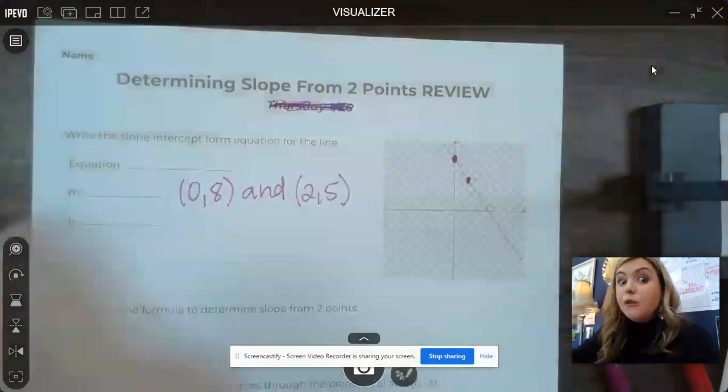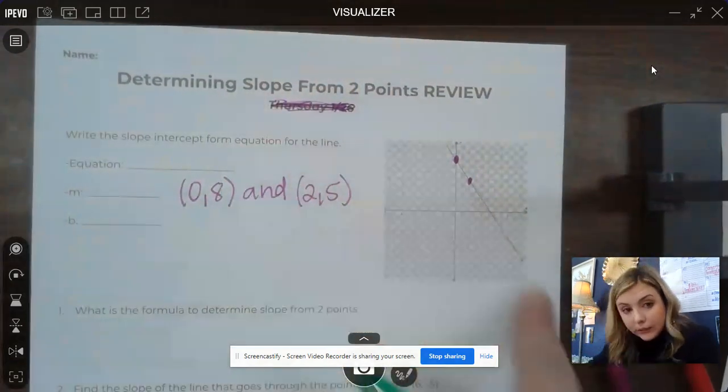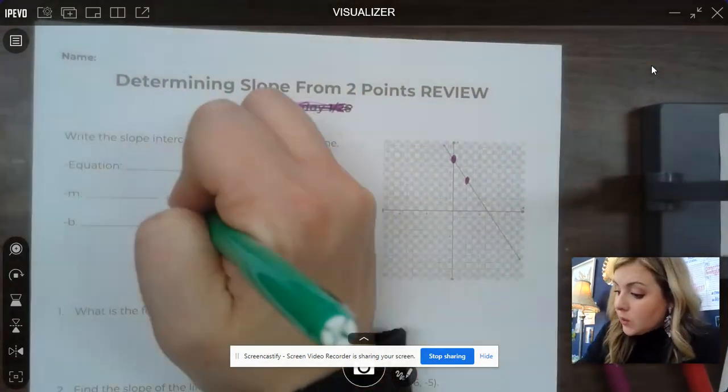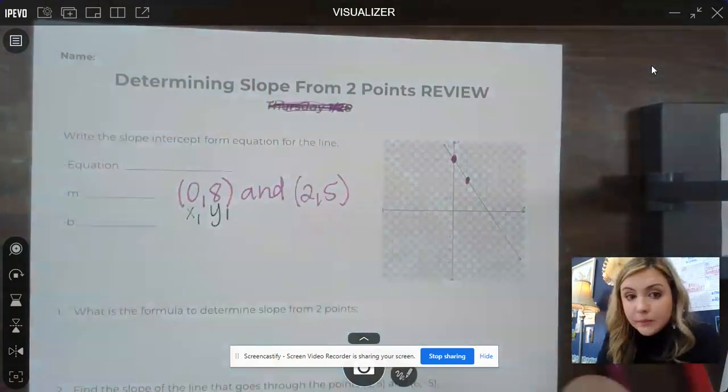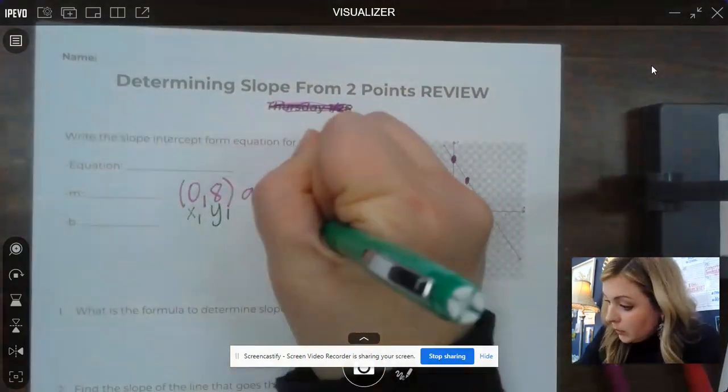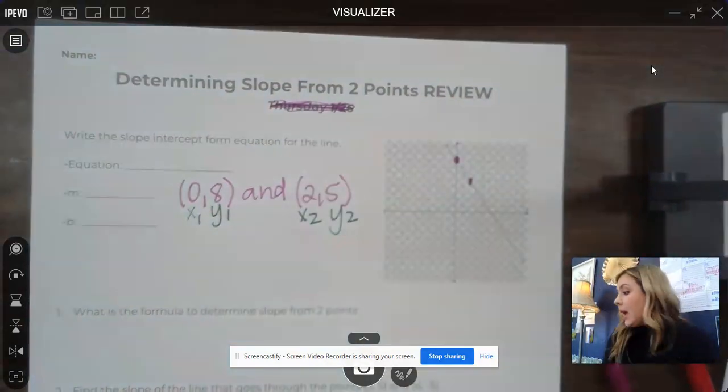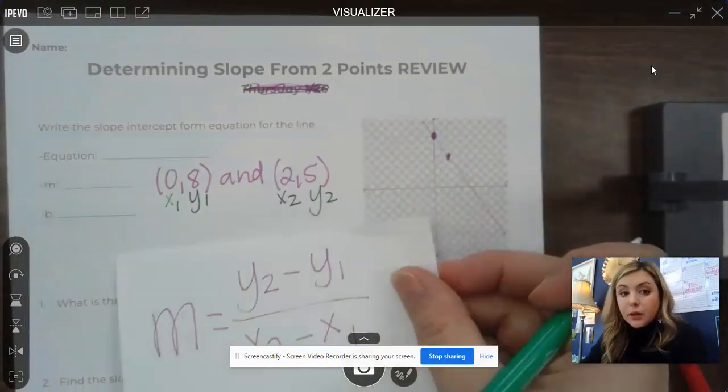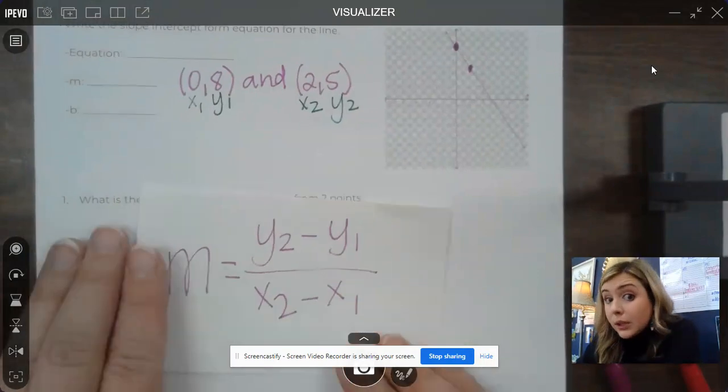Since this is my first coordinate, and we always read left to right, this is my x1, this is my y1, this is my x2, and this is my y2. And now I use my formula right here to literally just plug in.